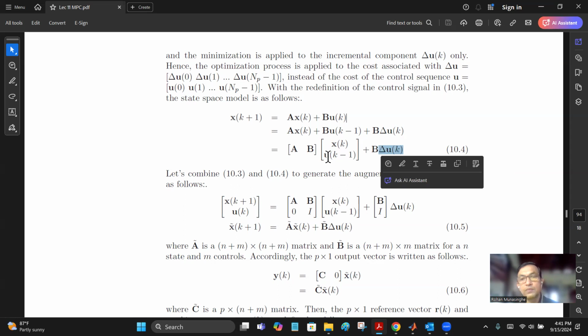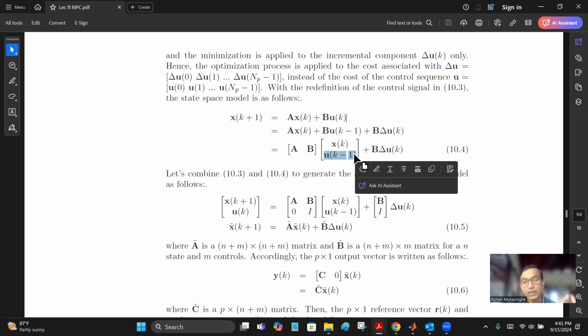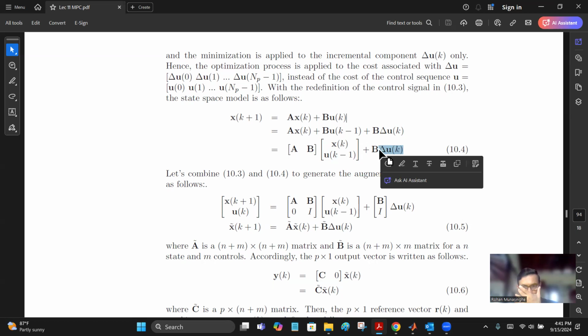You cannot. You have to send it somewhere else. Okay, u_{k-1} is part of the control signal, but now you are sending it as part of the state variables. You have x_k and u_{k-1}. Arrange it in this way. Now delta u_k is the control signal. Okay, right.